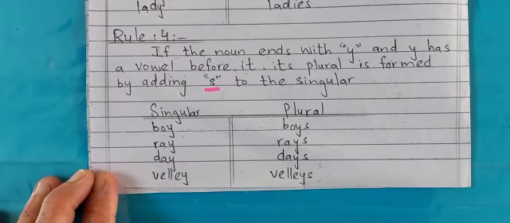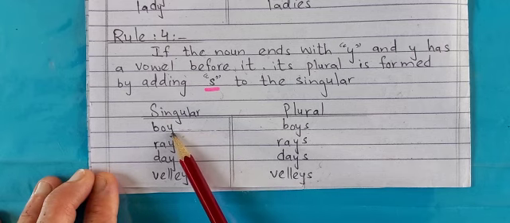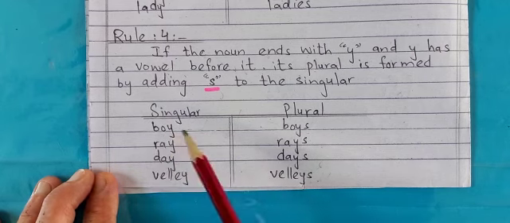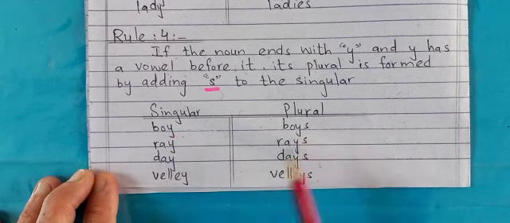Now rule number 4. If the noun ends with Y but there is a vowel before Y, then for making it plural, you just have to put S in the end of this word. Suppose I have written here some words: boy, O is a vowel, so I just put S in the end.